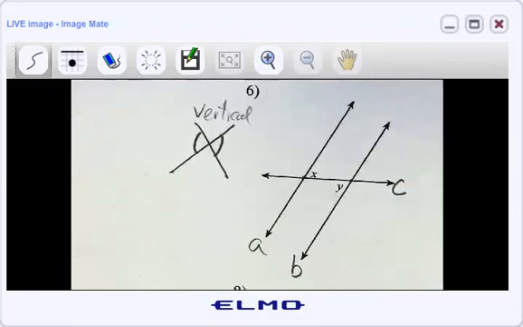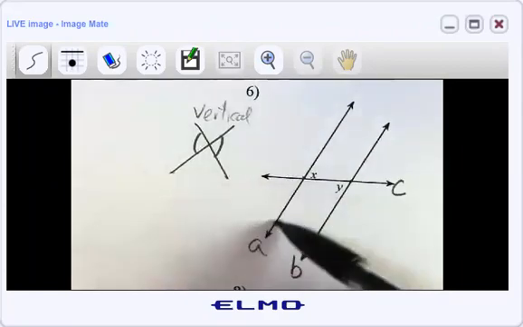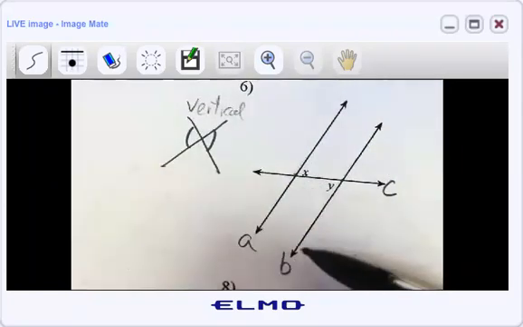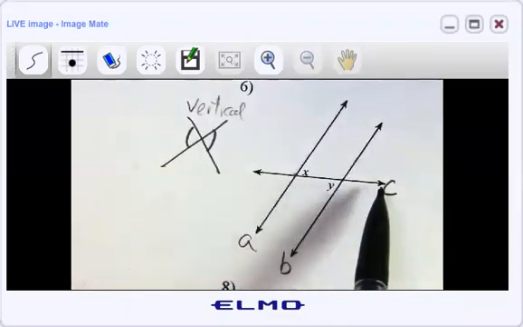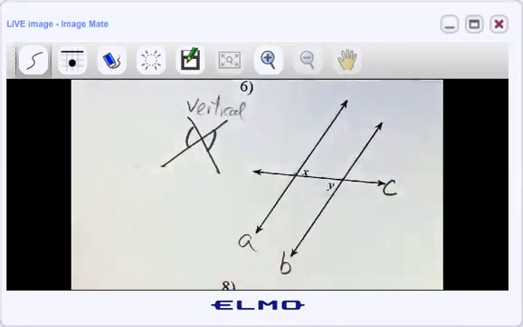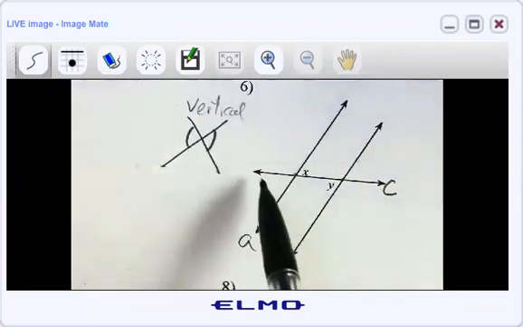Here's how I think about transversals. You want to think about it like a train. If this is the route that train A takes, here's the route that train B takes, and here's the route that train C takes. If I'm trying to travel between my angles, what train do I have to take? I've got to take C.